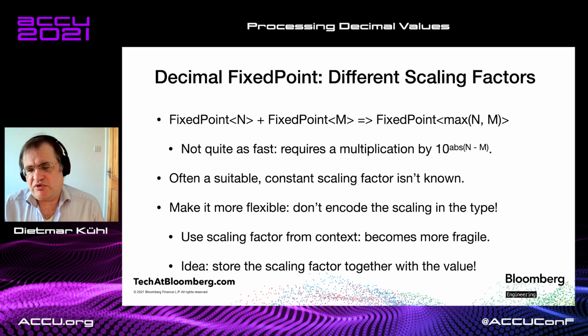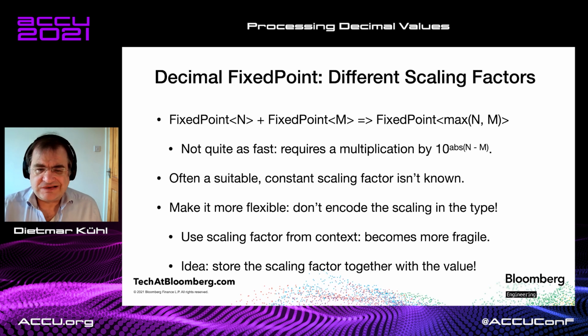If you have 2 fixed points, one with n, the other one with m digits, you get a fixed point with the maximum of n plus m digits. On addition, well, maybe plus 1. Unfortunately, if you do mixed fixed point operations, that's already an issue, and this already requires a multiplication by a power of 10 or division by a power of 10.